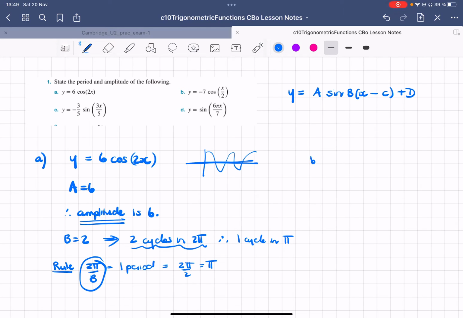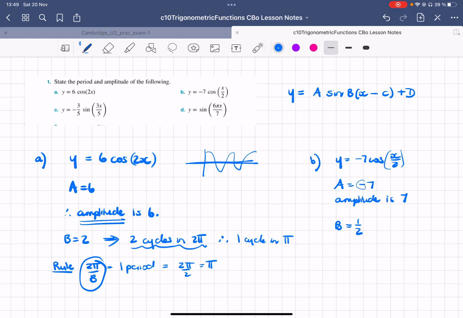If I look at b, so y equals negative 7 cos x over 2. So my a is negative 7, and my b is the coefficient of x, so a half. Since a is negative 7, the amplitude is the distance, which is positive 7.